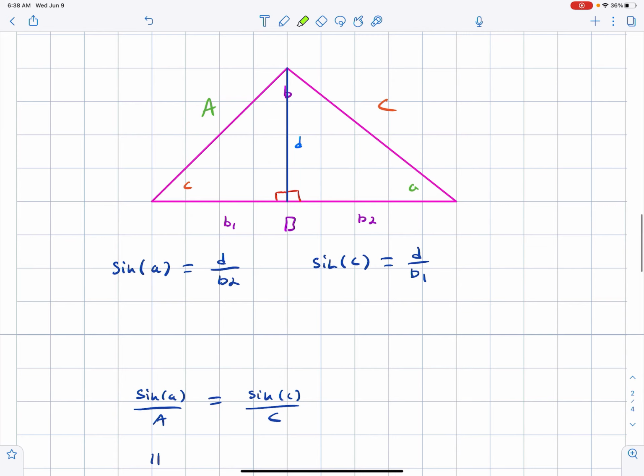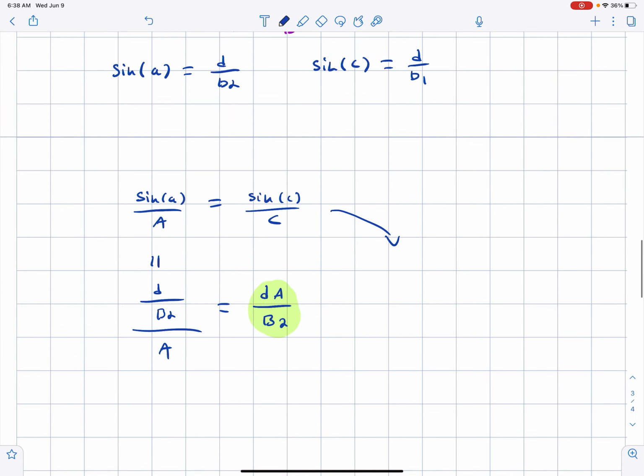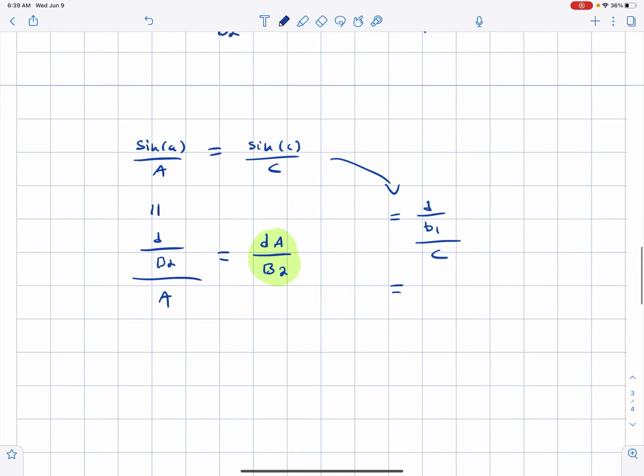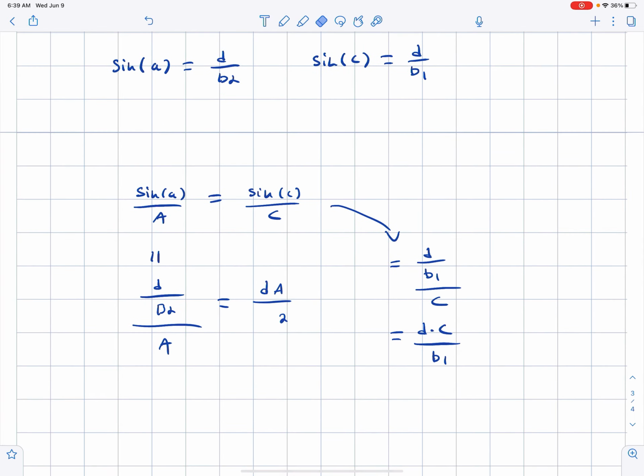What about sine of little c over C? Well, this I've just found out is equal to D over B1 divided by C. So same thing, I multiply by the reciprocal, and I get D times C divided by B1. And I'm just realizing I made this a capital, so let me just fix that.